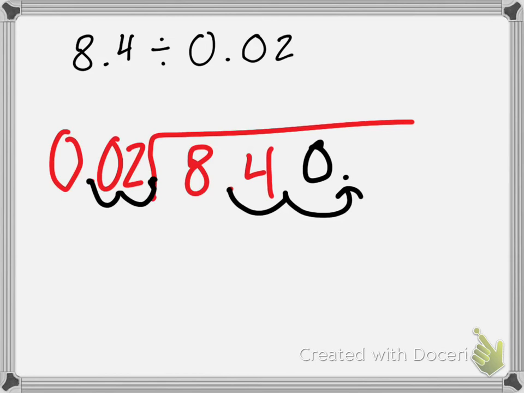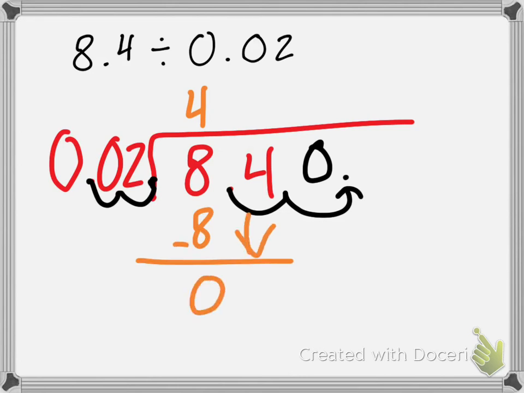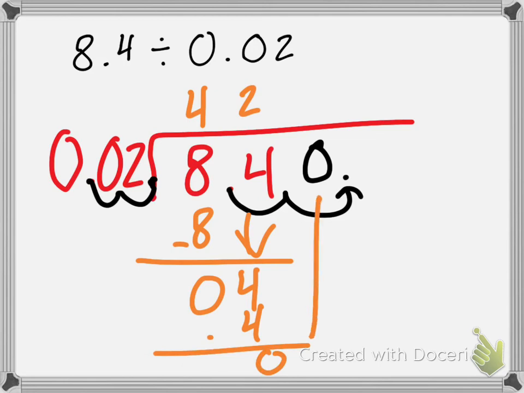So 2 goes into 8 4 times. That's 8. Perfect. I get 0. I bring down my 4. It goes in 2 times. That's 4. Excellent. I get 0. So I bring down my 0. Am I done just because I ended with a 0?